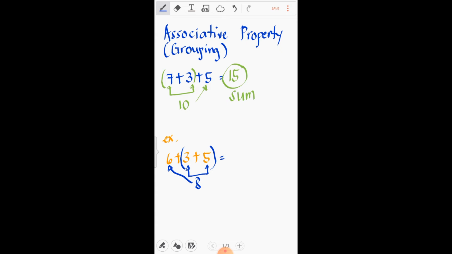Start counting from 8, because 8 is bigger than 6, to get the sum quickly. So 8, 9, 10, 11, 12, 13, 14. Okay, so the sum here is 14. Do not forget, the answer in addition is what we call sum. Okay, let's try one more.